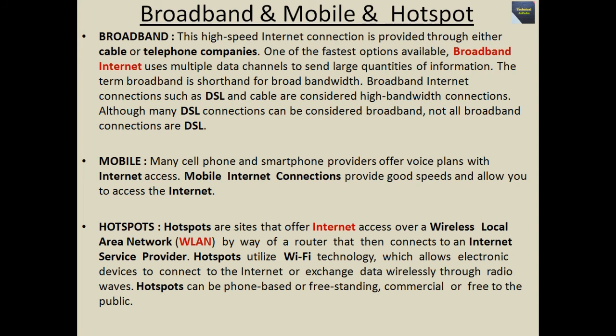Hotspots utilize Wi-Fi technology, which allows electronic devices to connect to the internet or exchange data wirelessly through radio waves. Hotspots can be phone-based or freestanding, commercial or free to the public, right?